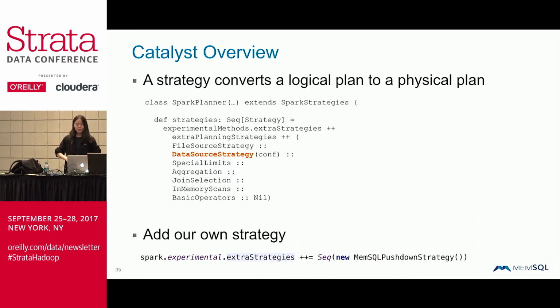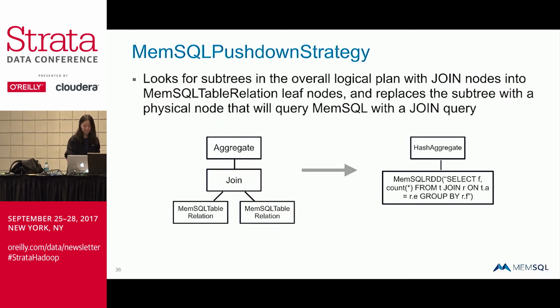So when we wrote the first memSQL Spark connector, we tried adding in our own strategy in order to push down joins. The data source strategy, the one that already exists in the Spark planner by default, only replaces logical MemSQL table relation nodes with the corresponding physical MemSQL RDD.